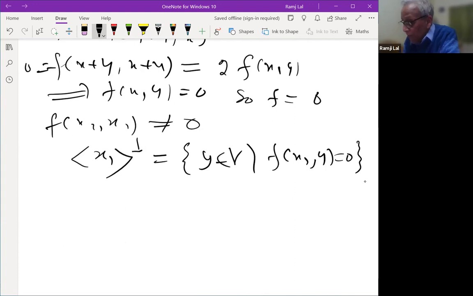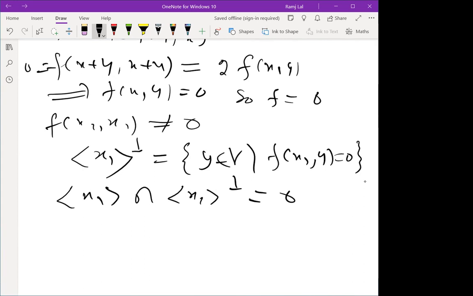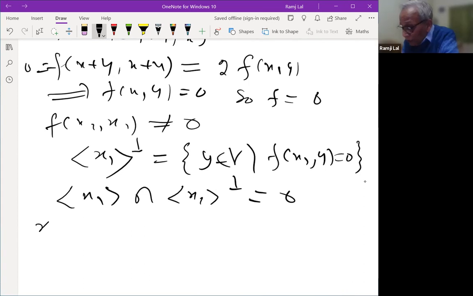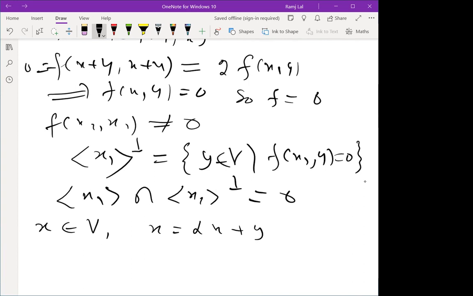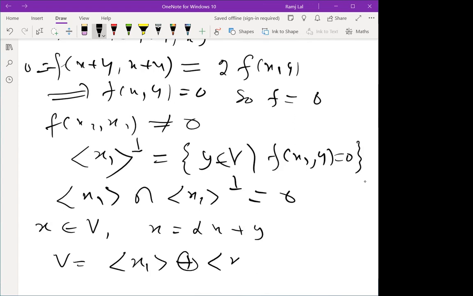Then, as usual, the intersection of the span of x1 and its orthogonal complement is 0, because F x1 x1 is different from 0. And as before, you can write every element x of V as some alpha x1 plus y, where y is an element of the orthogonal complement. So this is a direct sum.